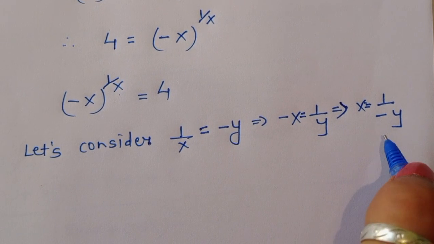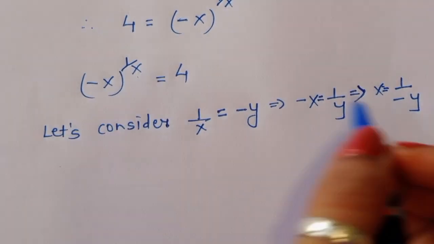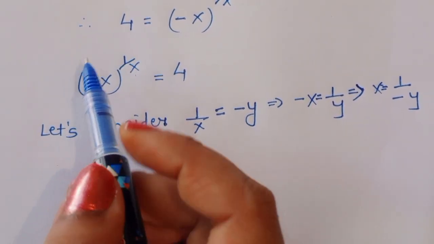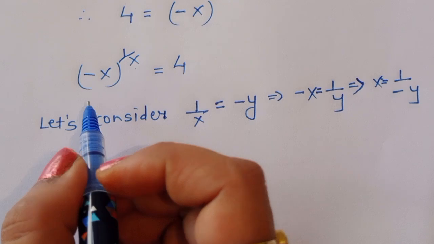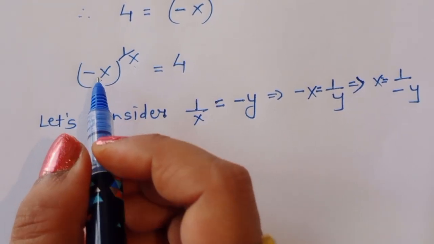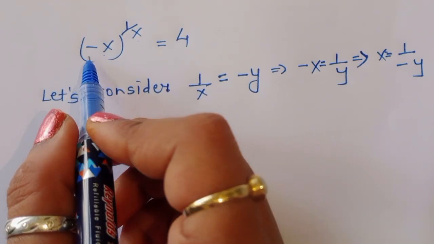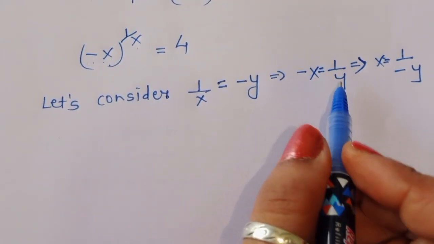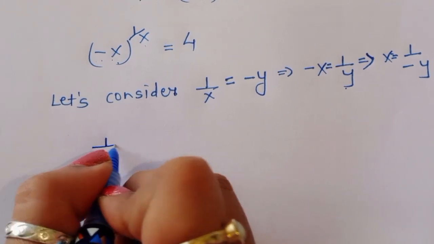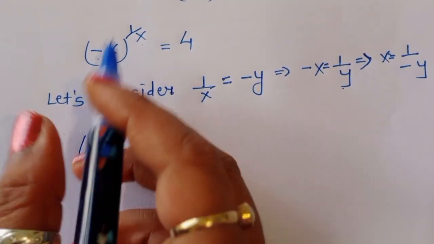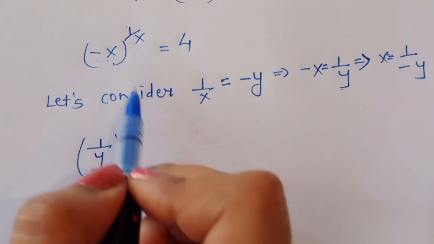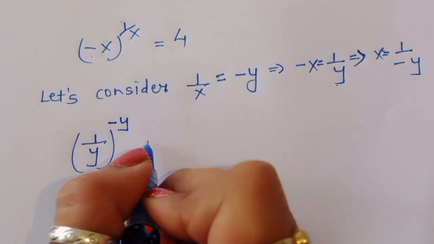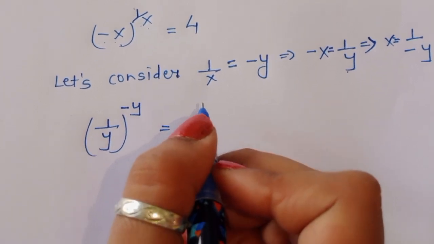Now if we consider these things, then we have 1 upon x as the power, so we can write minus x is equal to 1 upon y, so 1 upon y power 1 upon x. So 1 upon x is equal to minus y, so it will become 1 upon y power minus y is equal to 4.